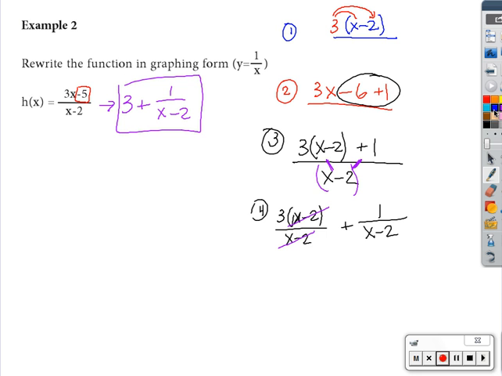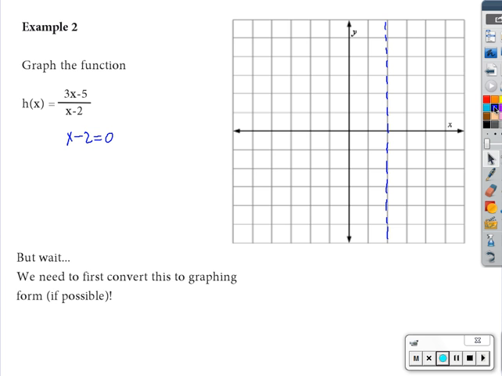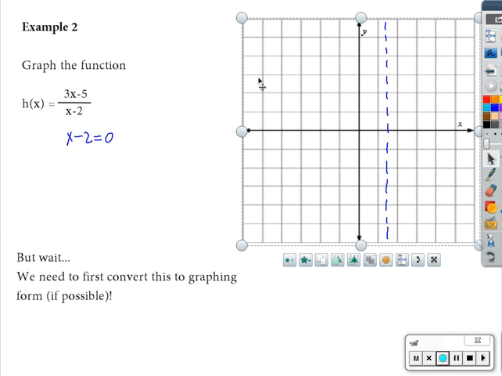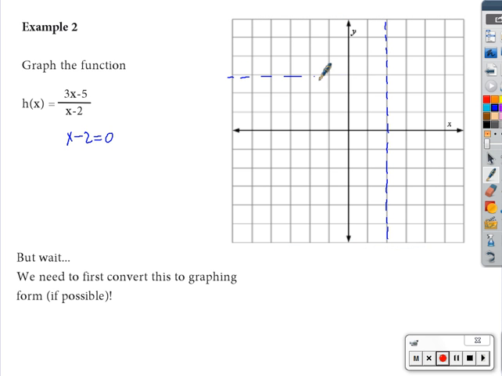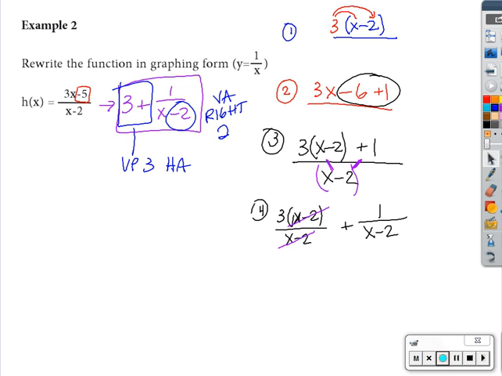I can observe my right shift of 2, which I already knew about, for my VA. And I can observe my upshift of 3 for my HA. This allows me to graph. We found out that it was going to be an upshift of 3, and I just want to verify that it was a positive plus.